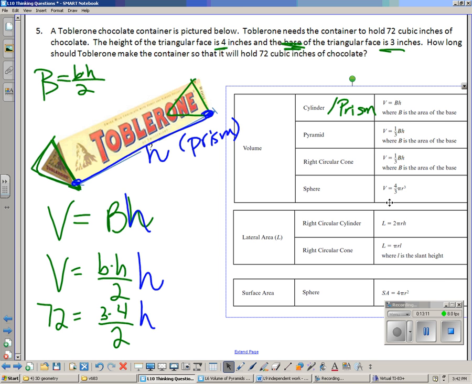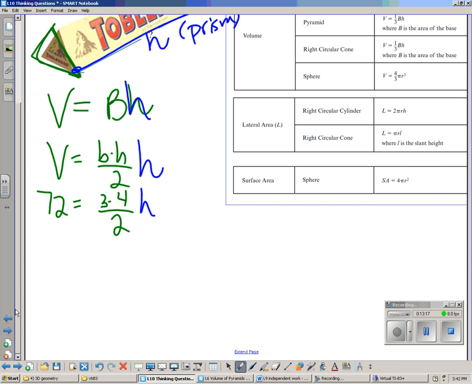So 3 times 4 is 12, divided by 2 is 6. So we get 72 equals 6 times the height of the prism. And the height of the prism is how long we want to make the Toblerone package. So if we divide by 6 here, we get H is 12.